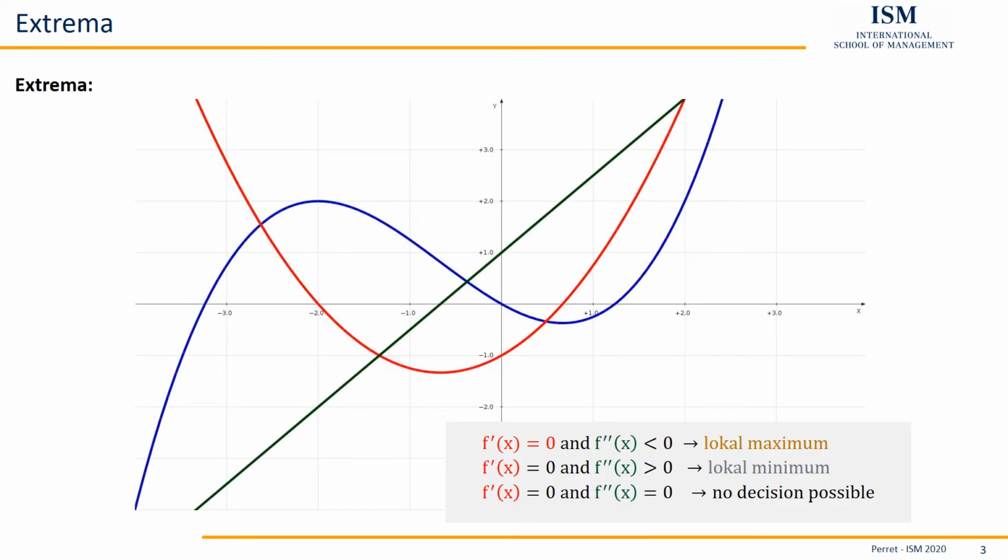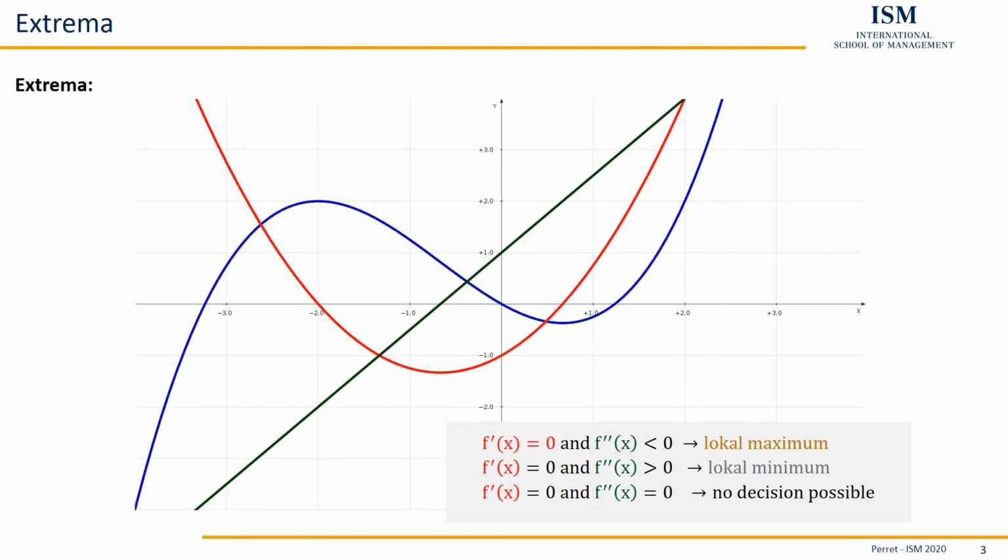And here we can also see something else. The blue function in this context is the original function we had. Then the parabola here is the first derivative, and the straight line is the second derivative.